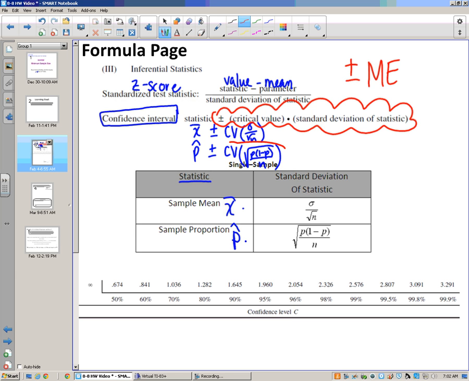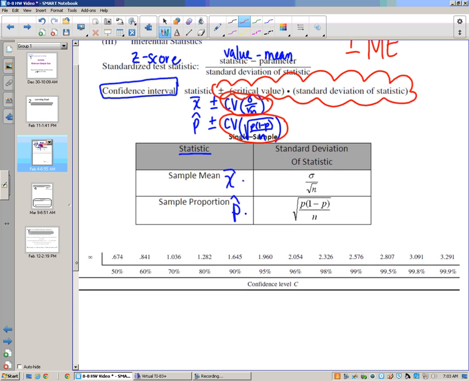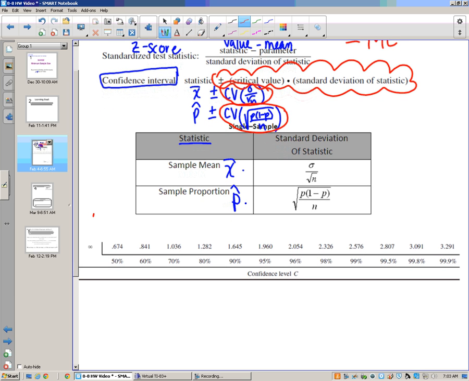This is the margin of error for proportions, and this is the margin of error for means. Again, this is part of your formula page as well. The confidence level, each of these are your critical values for proportions. So this is what you're given.